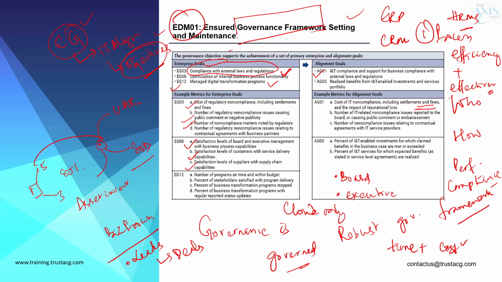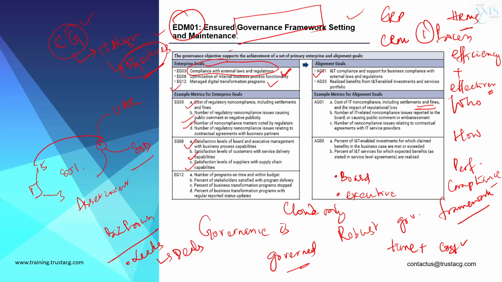Now, these could also be an indicator of how your IT ecosystem is performing, and the number of compliance related issues that are tied to contracts with IT service providers will tell you how your supply chain or IT supply chain ecosystem is operating, right?